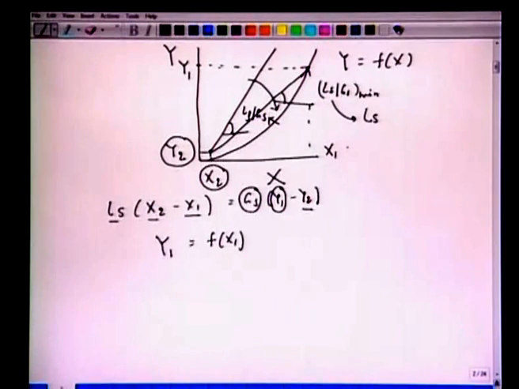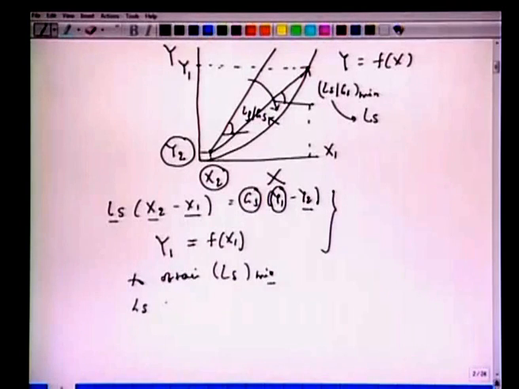So we have y1 equals f(x1). One can then solve these two equations to obtain Ls or Ls minimum. Whatever we can do graphically, in principle one can also solve analytically. From here we can solve for Ls minimum, and then realizing that Ls equals 1.5 times Ls min, we can calculate Ls operating.